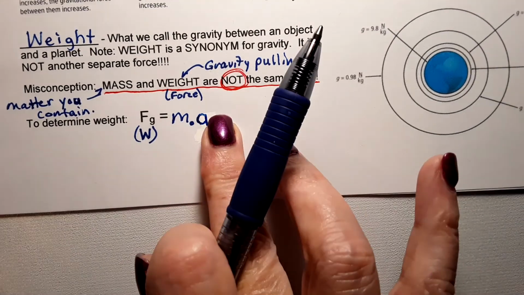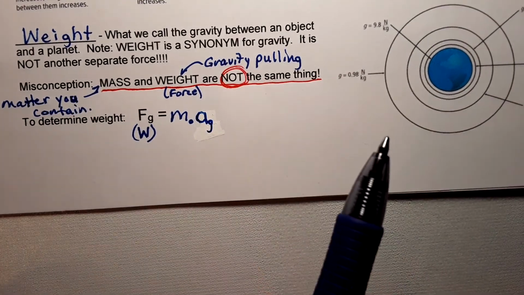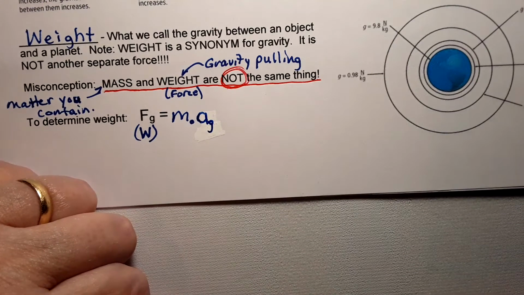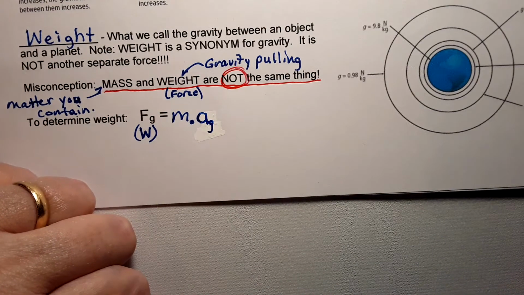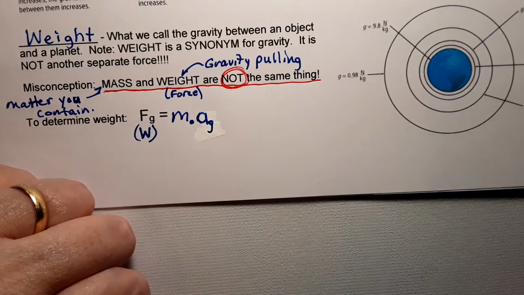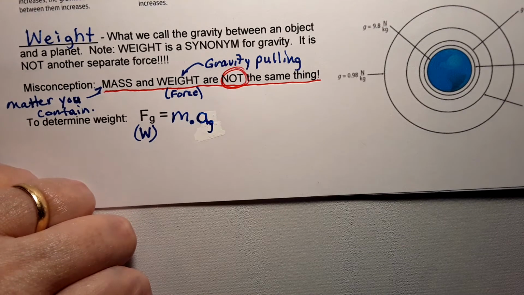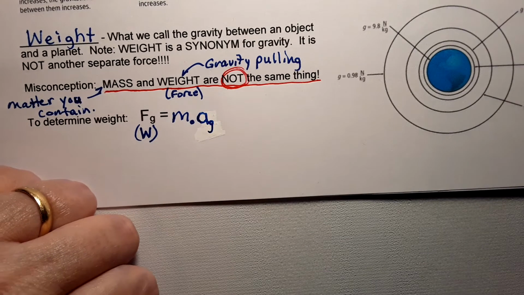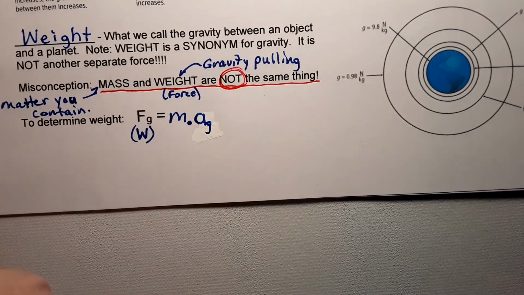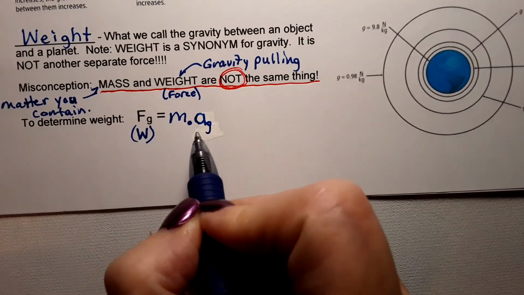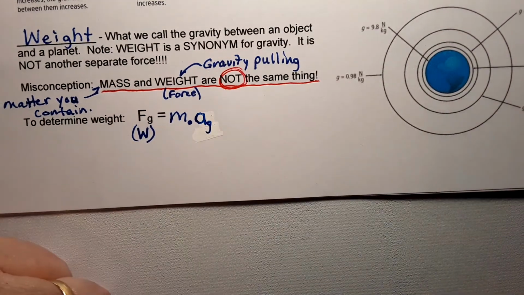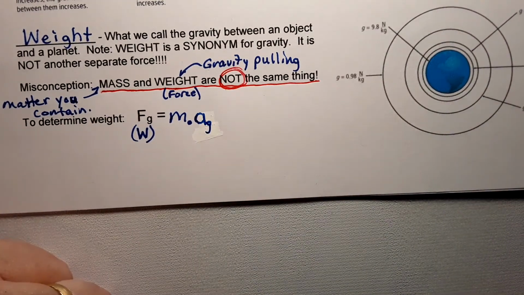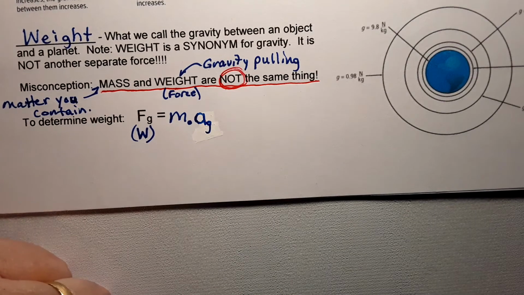Now, what do I mean by the acceleration due to gravity? I'm talking about the acceleration an object would have if the only force acting on it were gravity. It doesn't have to be in reality, but if that were the only force acting on the object, then the mass of the object times its acceleration would be its weight, or gravity, on Earth.